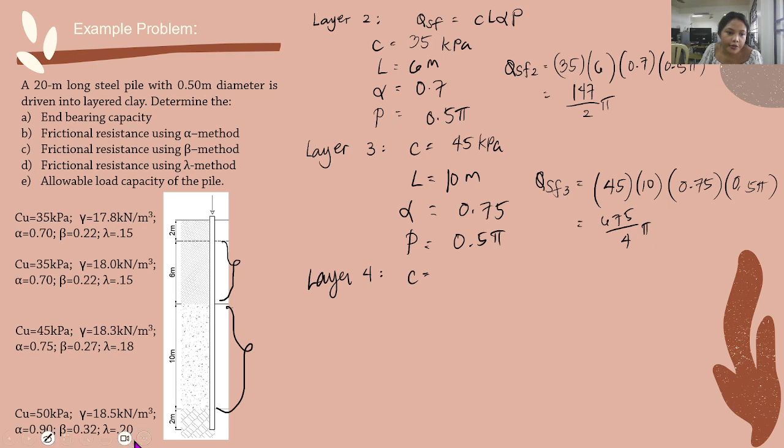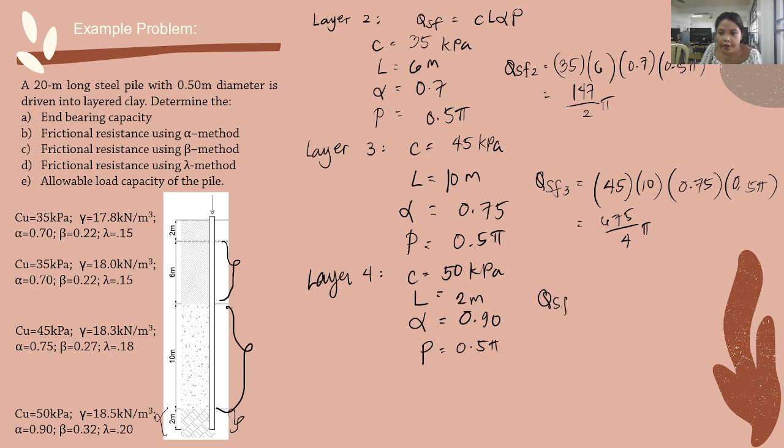So, ang C, cohesion is 50 kilopascal. The length is ito, so 2 meters. Alpha is 0.9. And then P is 0.5 pi.